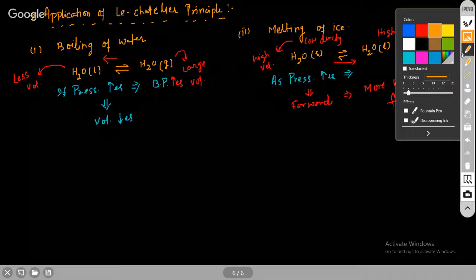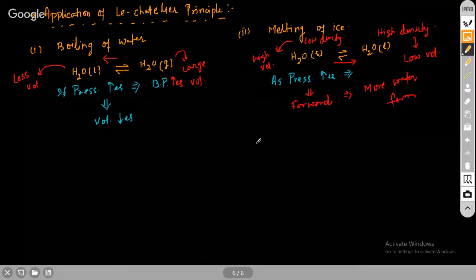But if you take any other substance, suppose the third one we are taking, melting of other solid substance. In case of ice, the thing is different because ice has lower density than water.